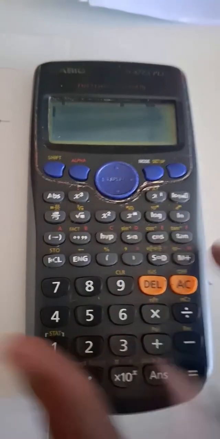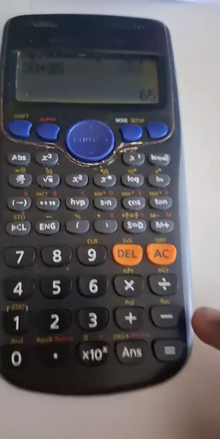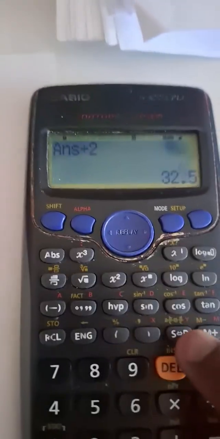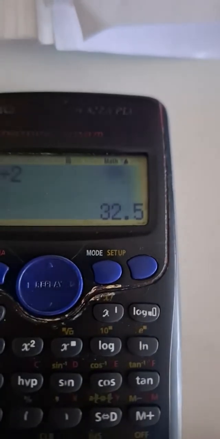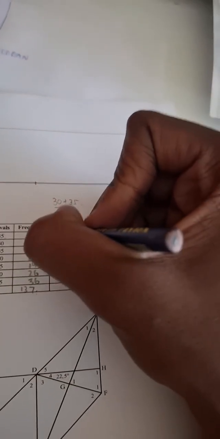We have 30 plus 35, then you divide that by 2. There we have it. It's 32,5. I think my calculator was doing funny things before that. So we have 32,5. That's how we find the midpoint.